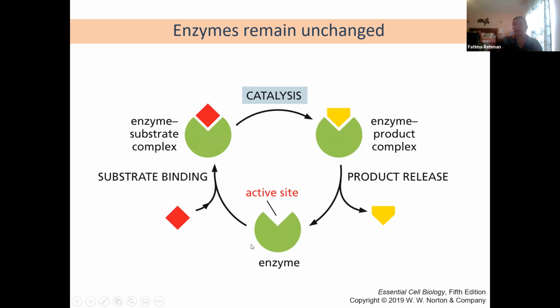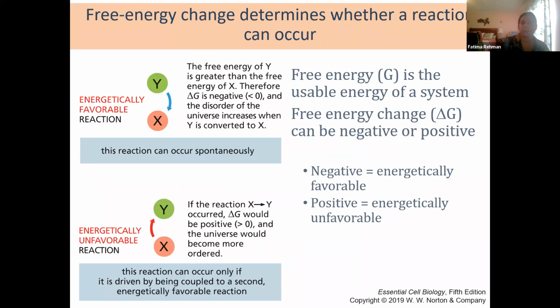And it does so by having an active site that the molecule binds to. We've talked about how that active site helps to hold that molecule in place, and how they are able to process that system.